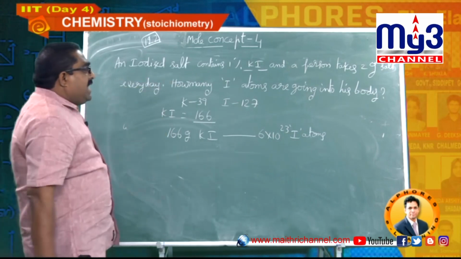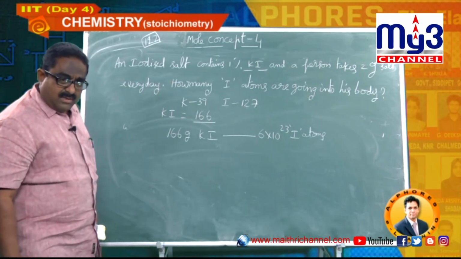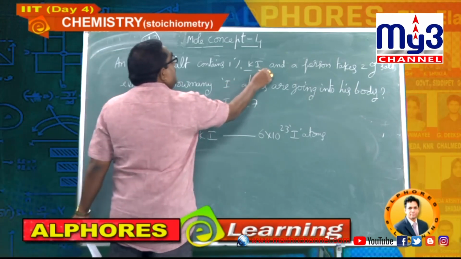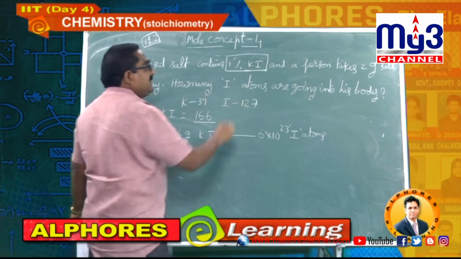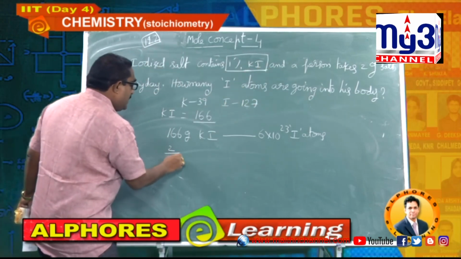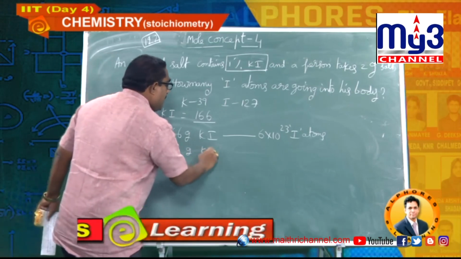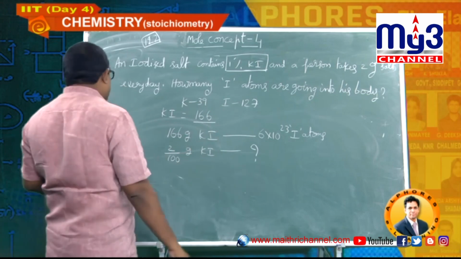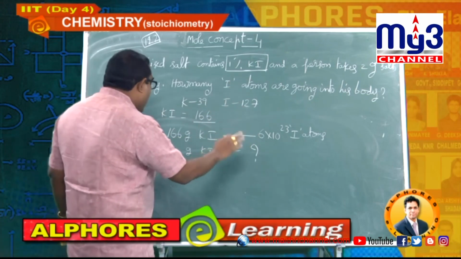Every day he is taking 2 grams of salt only. Out of 2 grams of salt, potassium iodide is only 1%. What is 1% of 2? That is 2 by 100 grams of potassium iodide. That many atoms will enter his body every day.